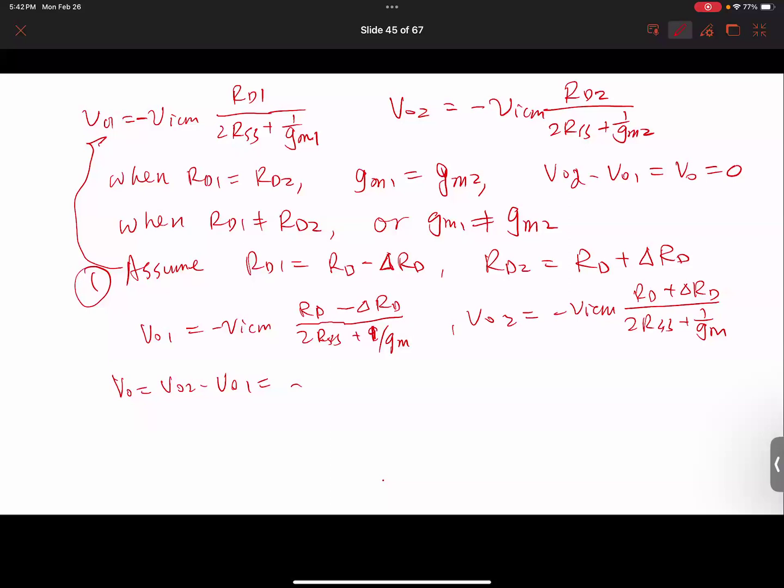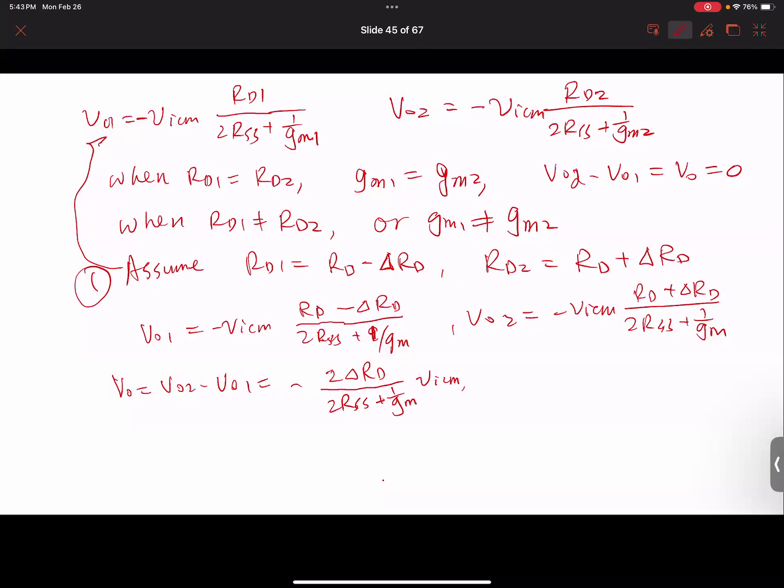So what we get is 2 times delta RD over 2 RSS plus 1 over GM, and then times VICM. Now we're going to take the ratio.